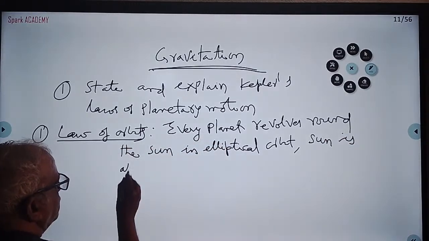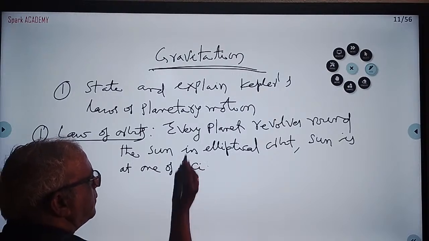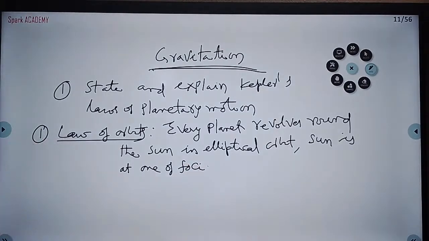Sun is at one of the foci, because an ellipse has focal points. If you want to draw a diagram, draw it from the textbook, but if you write the definition it is enough. Every planet revolves around the sun in elliptical orbit. Sun is at one of the foci. This is called law of orbits.